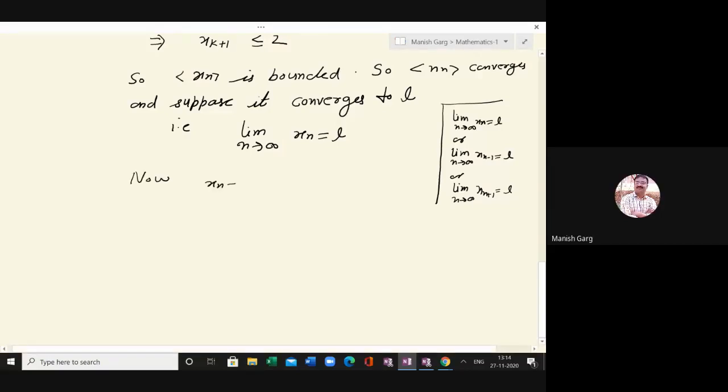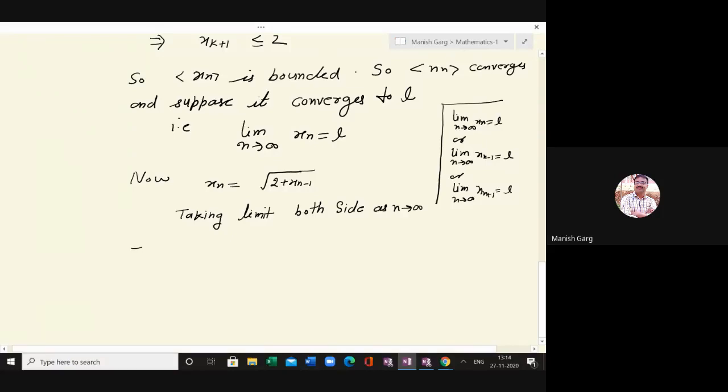Now you want to find the limit point. xn is equal to the square root of 2 plus xn minus 1. Taking limit on both sides as n tends to infinity.